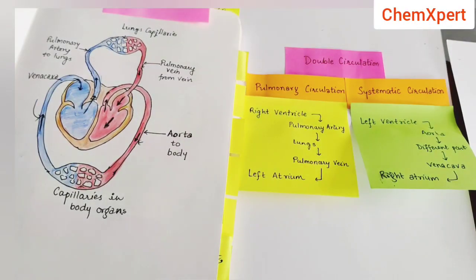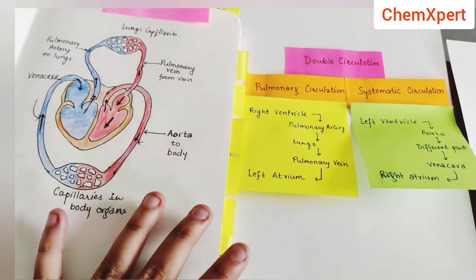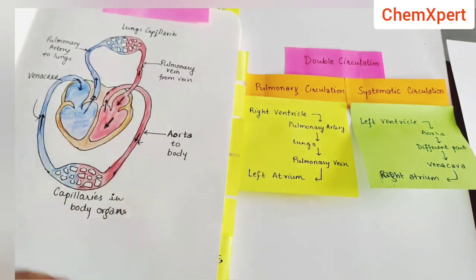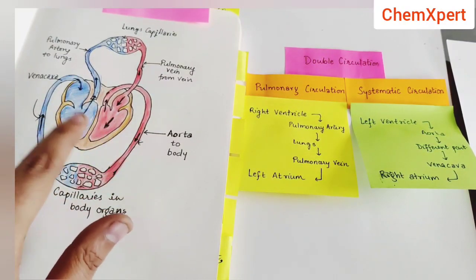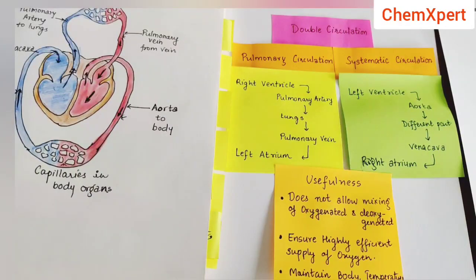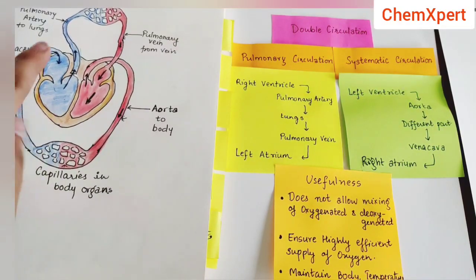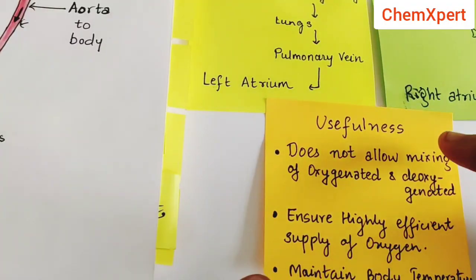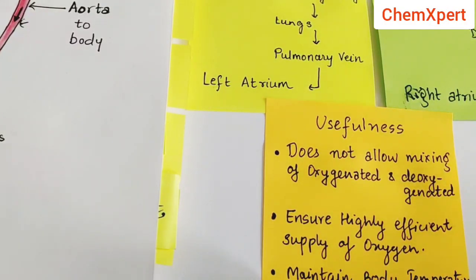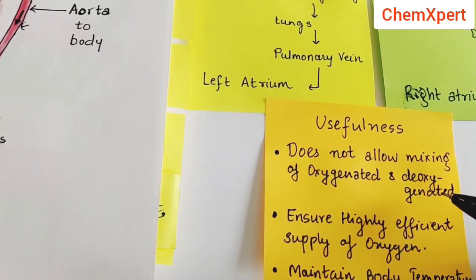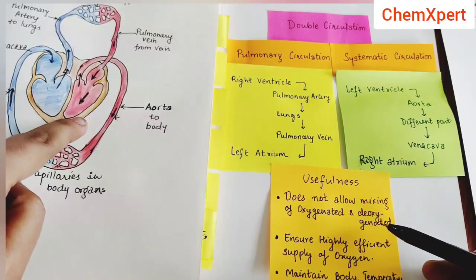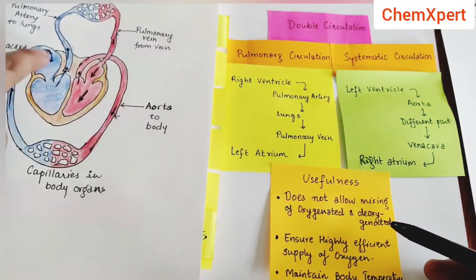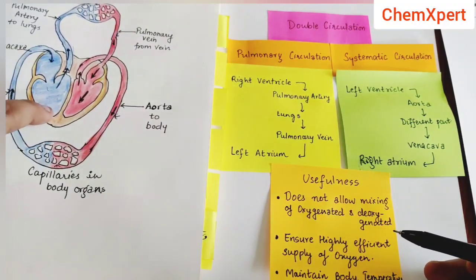Now the next question arises, what is the usefulness of this double circulation, or how is the intermixing prevented here? There is a wall of septum which separates the right part completely from the left part. It does not allow the mixing of oxygenated and deoxygenated blood. Oxygenated blood is present in the left part of the heart, whereas deoxygenated blood is present in the right part of the heart.